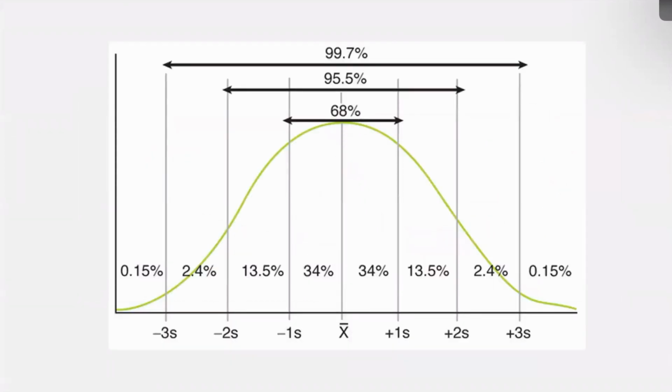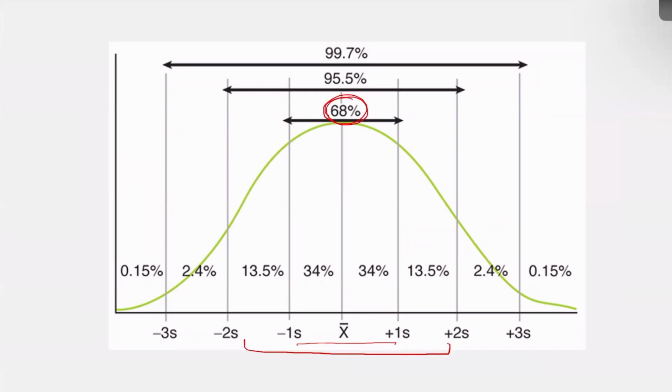Okay. Here also you have this graph, and then you may need to calculate the area that is covered by one standard deviation or two standard deviations. So whenever you're given a problem like this, you have to remember these three facts: one standard deviation covers 68% of the data.